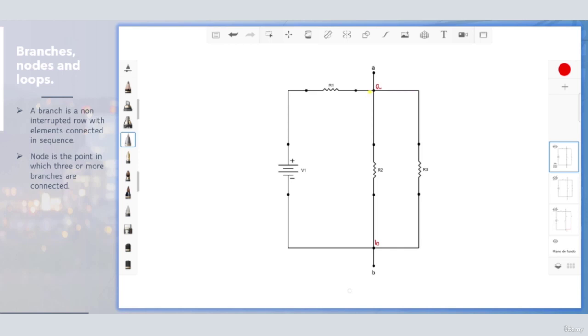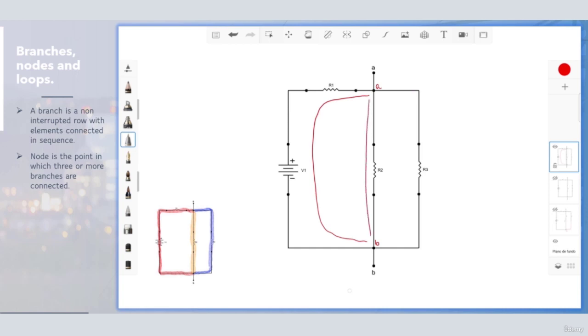So A is connected first to branch 1 identified in red, and also to the branch identified by orange, and also to the branch identified as blue. So that means this point A is also a node.